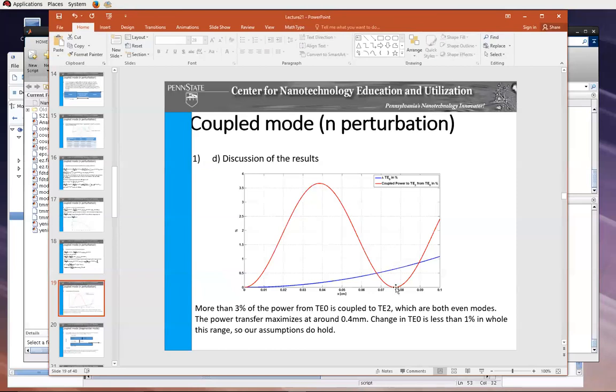But of course, we are ignoring that returning power to keep our assumptions. That's already what we initially start with. So there's a power change between the zeroth and the second order, as we can see here.